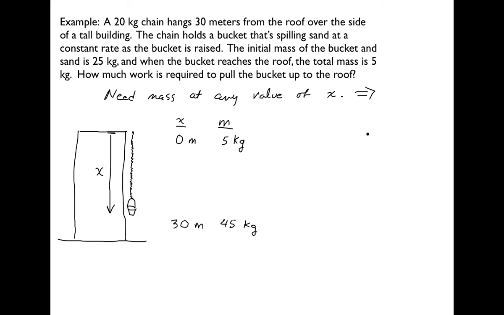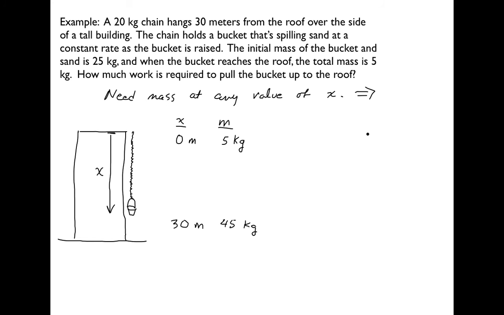That would be the rate at which the sand is spilling. Right, it's a rate of change. So she's talking about getting a rate of change of mass per your x value, per your meters hanging down. And that's going to be part of this. But in general, we need mass at any value of x.